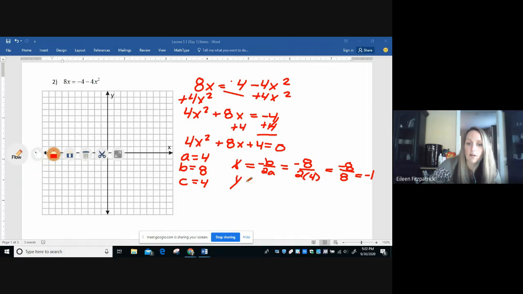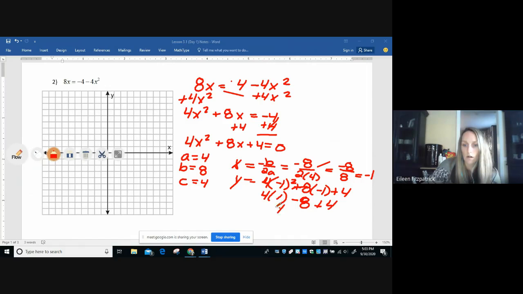To find the y value, you write y equals 4, and then you're going to replace all the x's with a negative 1. So 4 times negative 1 squared plus 8 times negative 1 plus 4. So that's going to be 4 times 1 minus 8 plus 4.